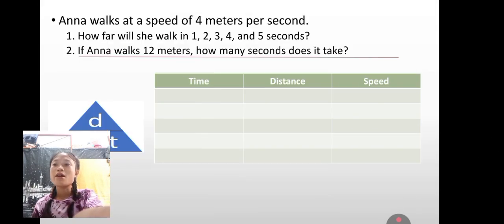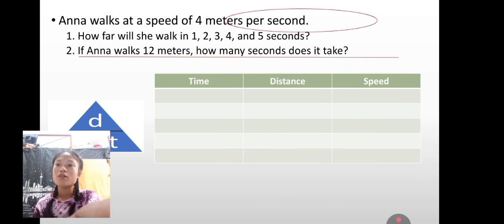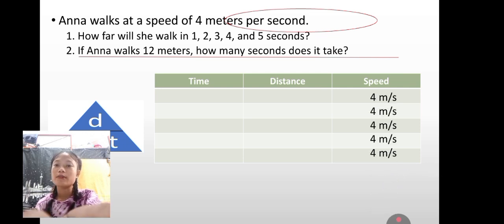Next problem. Anna walks at a speed of 4 meters per second. Number 1, how far will she walk in 1, 2, 3, 4, and 5 seconds? Number 2, if Anna walks 12 meters, how many seconds does it take? So, kana nga duha atong papangitaon. First, encircle na to ang mga given. 4 meters per second, mao na speed na to.